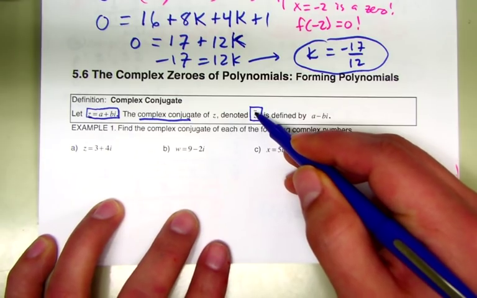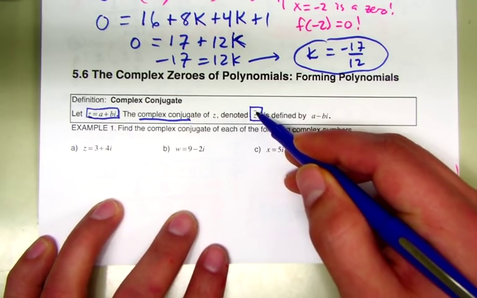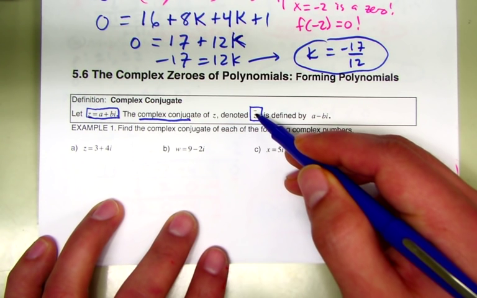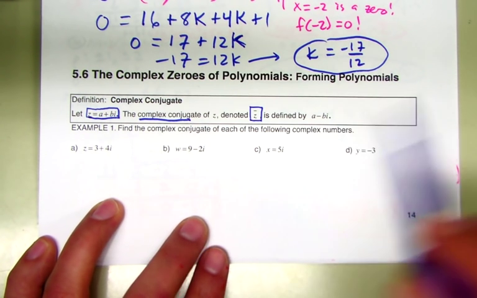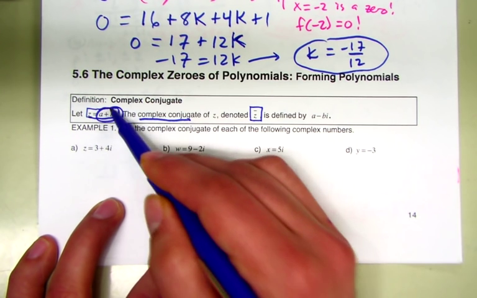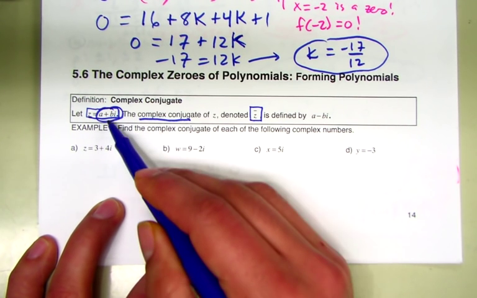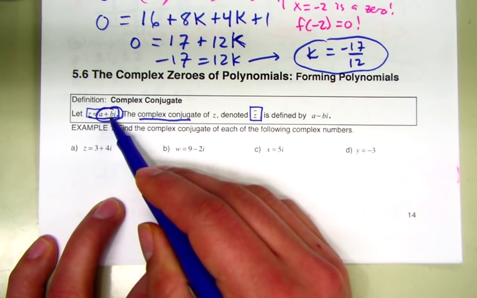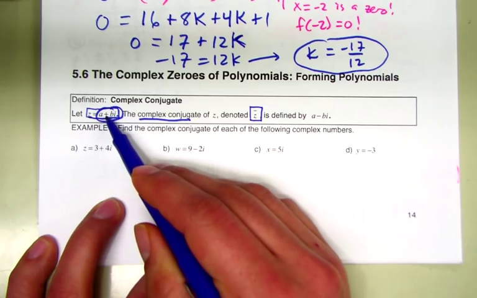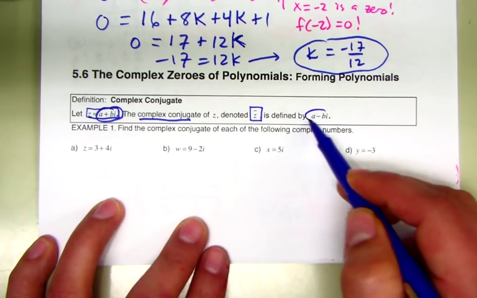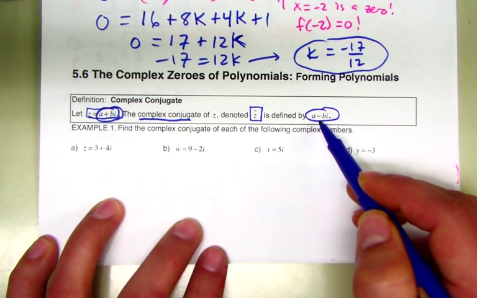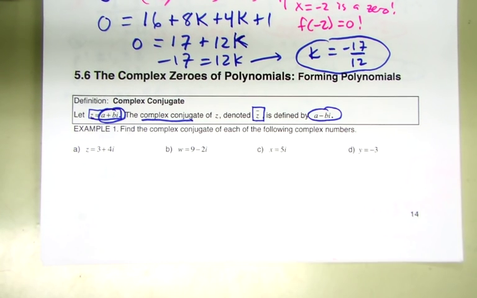So if you see z with a little line over it on the homework or in Math Excel, it's just asking you for the conjugate. And what that means is you literally take the imaginary number, all of it, and just take the opposite of the imaginary portion. So if you see plus bi, you're going to just switch that so it's minus bi. It's very simple, okay?